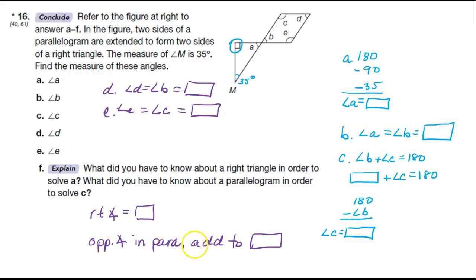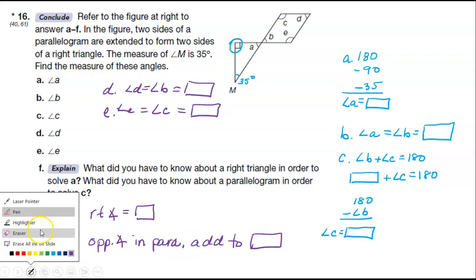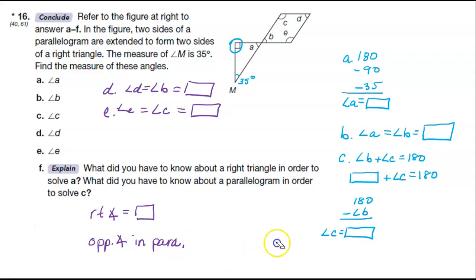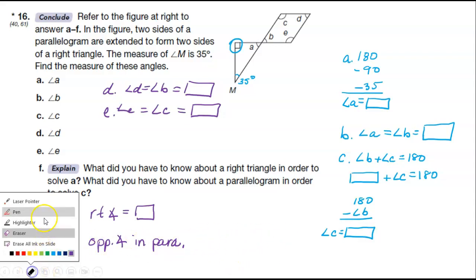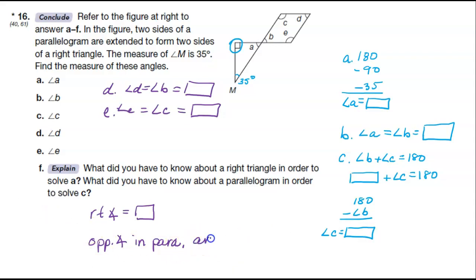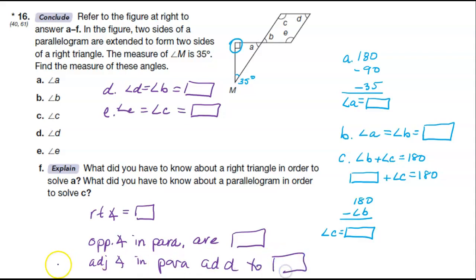Or not opposite, I'm so sorry. Opposite angles, let me erase that. Opposite angles in a parallelogram are what? And then adjacent, or next to, angles in a parallelogram add to what?